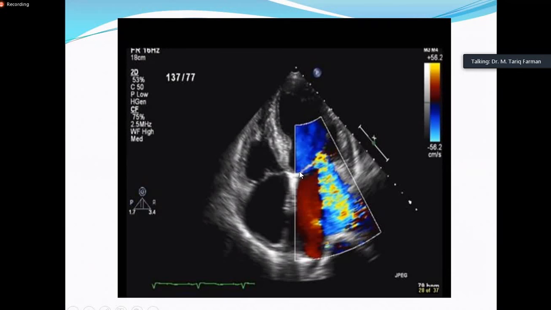You can see this in systolic phase. This mitral valve has to close, right? Has to close properly, so that all the blood can go towards the aorta.